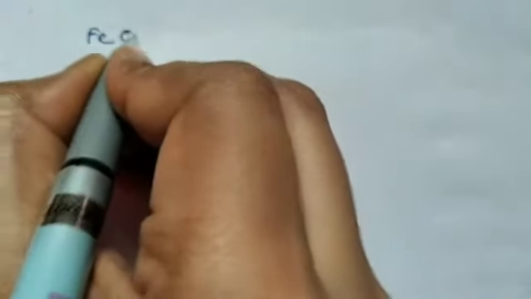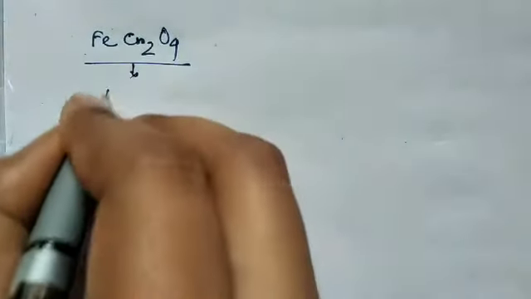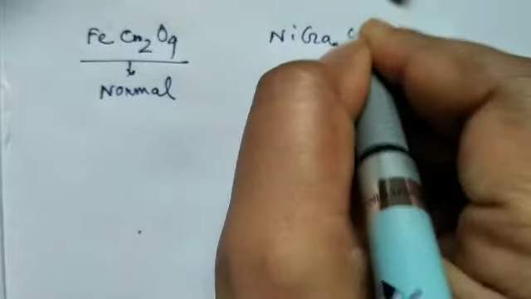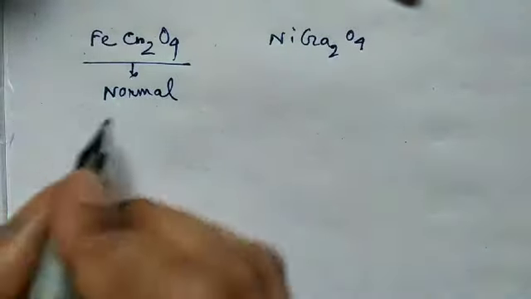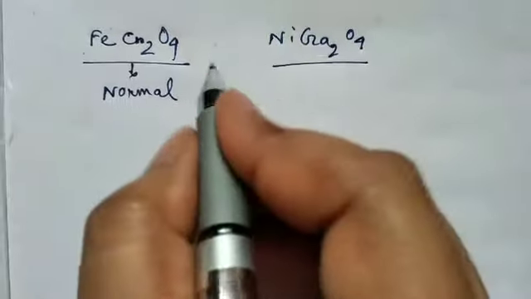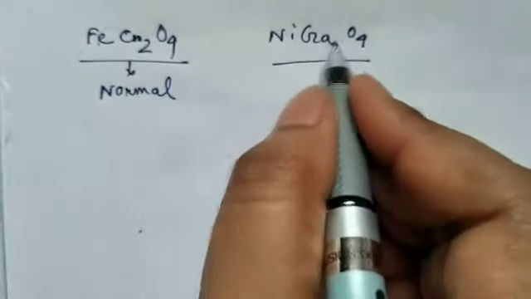See, one question is given: FeCr2O4, which is mentioned as a normal spinel, and NiGa2O4. In this case, you have to tell which sites are occupied by iron, chromium, nickel and gallium.